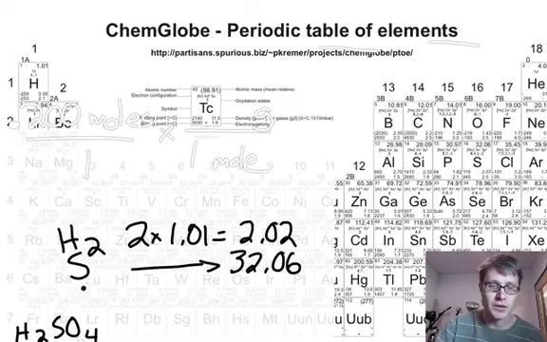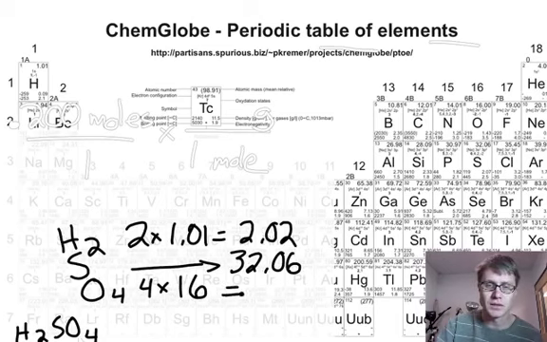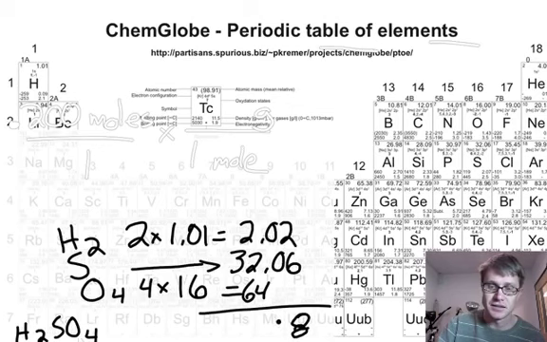And then I've got 4 oxygen, so it's O4. So I'm going to take 4 times oxygen, and oxygen is 16, and so 4 times 16 is 64. So I have to add all of these up. So I'm going to take this, this is an 8, this is a 0, this is a point, and this is 98.08.